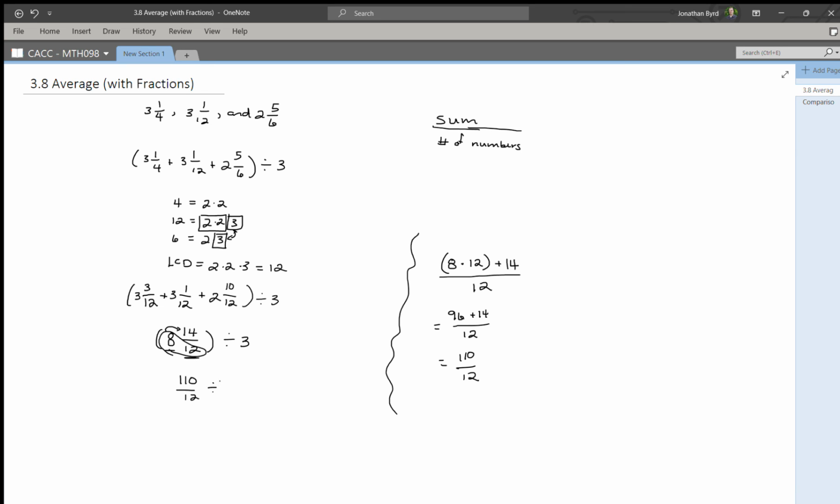And then I'm dividing by 3. Here again, if I'm dividing by 3, I could actually write this as dividing by 3 over 1. If I wanted to look at this as a fraction, 3 is really the fraction 3 over 1. So now if I want to actually perform this mathematical operation, remember we said, well, if you want to divide by a fraction, you're really multiplying by that fraction flipped over, the reciprocal.